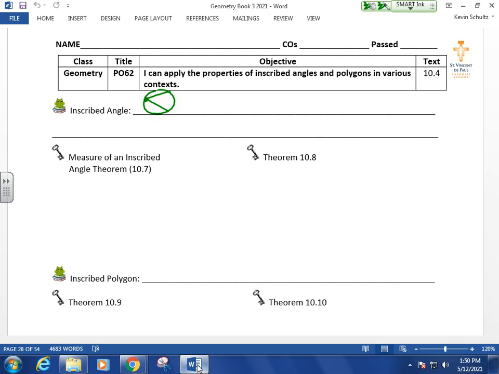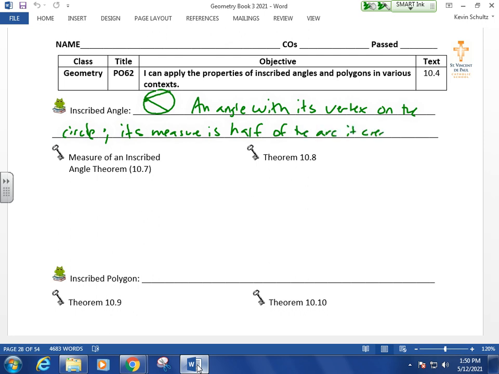And the relationship is, let's see, it's an angle with its vertex on the circle, and its measure is half of the arc it creates.